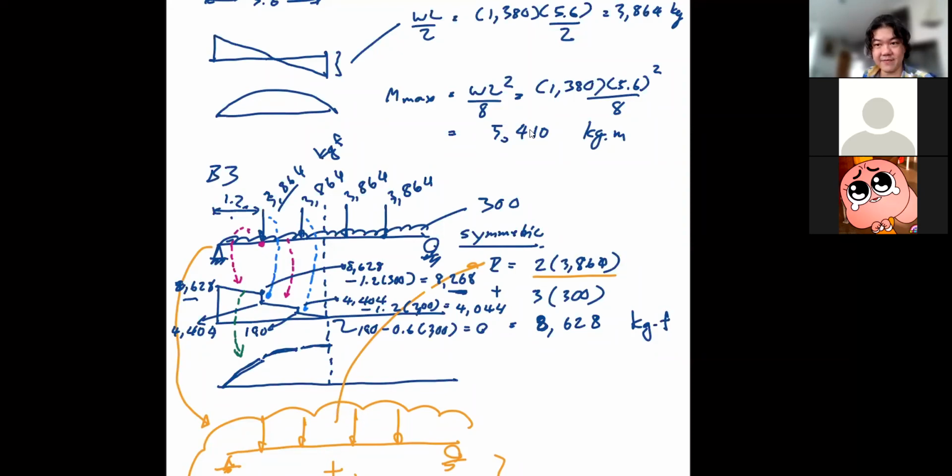Okay, so that's the end of the shear force diagram. And you should not really take long to calculate this at all. If it takes long for you to finish this one beam, it is okay for now.